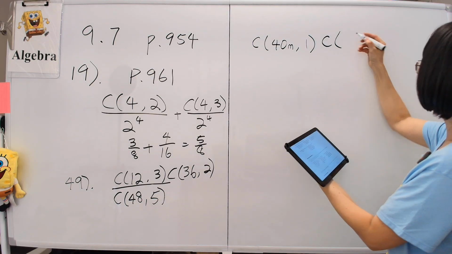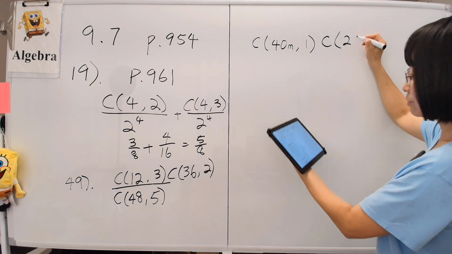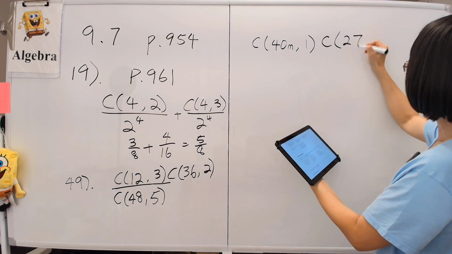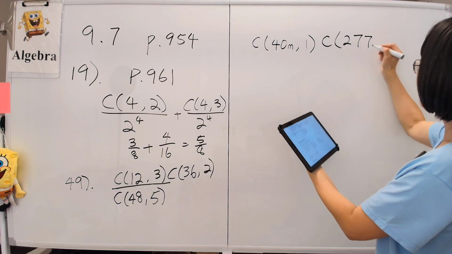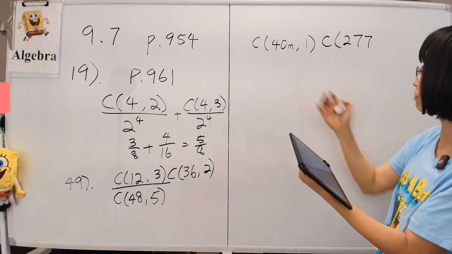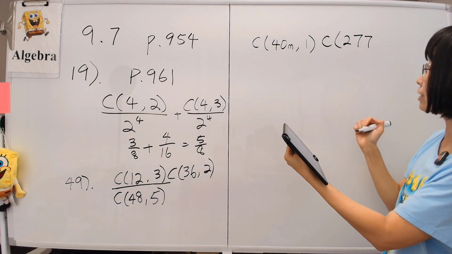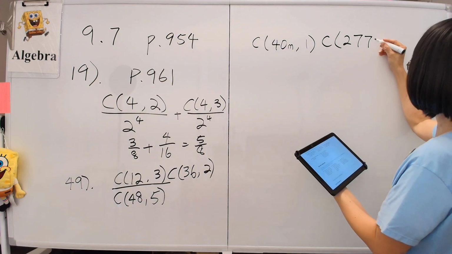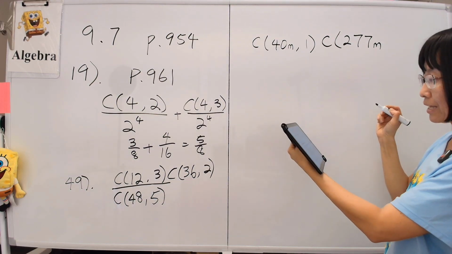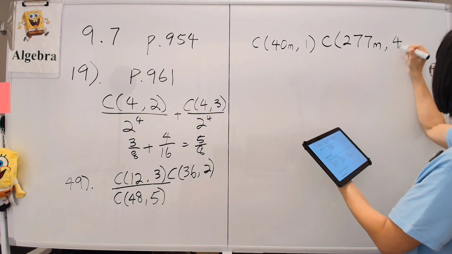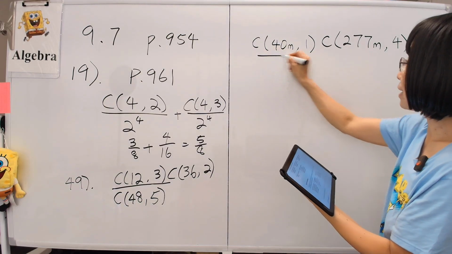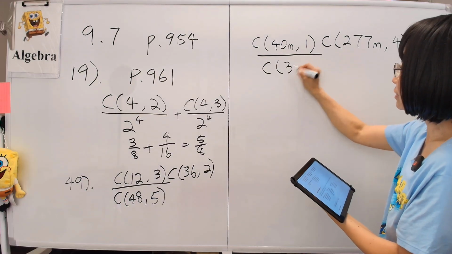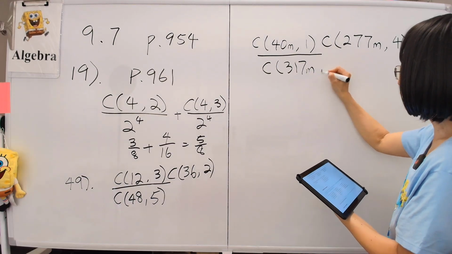That gives 277 million, right? Yeah, 277 plus 40 should be 317. So that million will choose the other 4, and then divided by the total, which is 317 million, choosing 5.